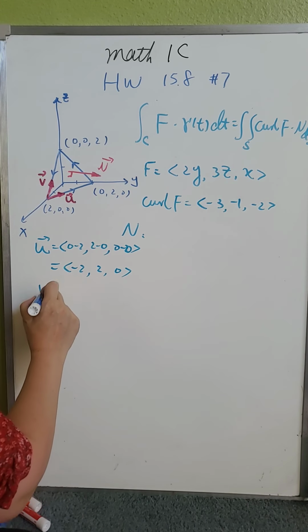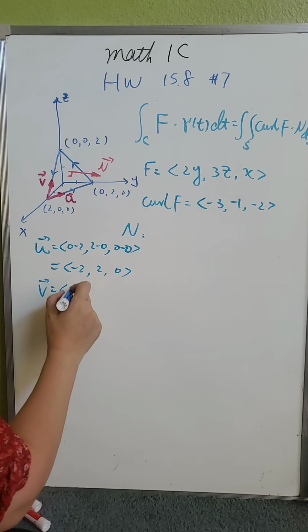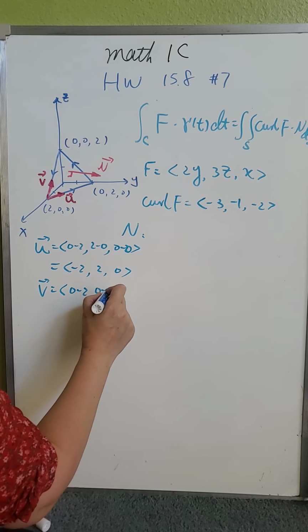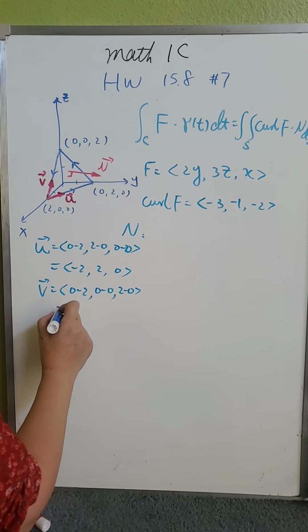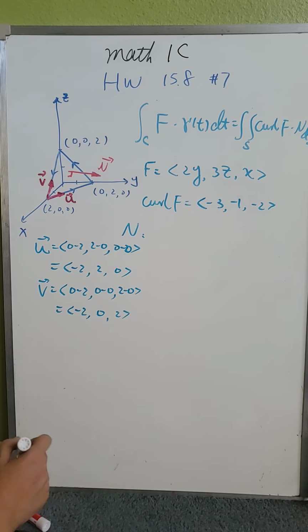And my v is equal to 0 subtract 2, 0 subtract 0, and 2 subtract 0, so that comes to -2, 0, and 2.